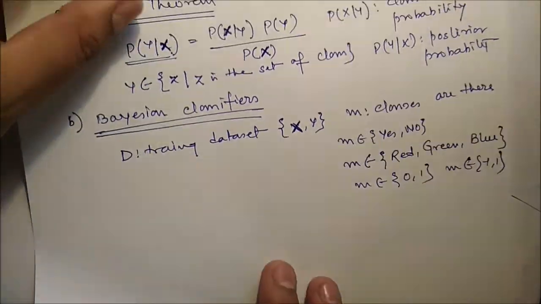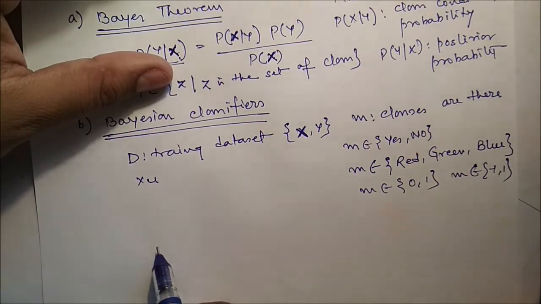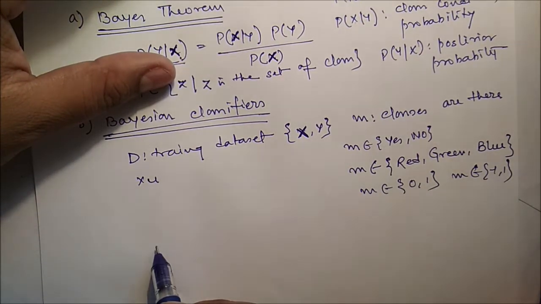Now, given unseen data xu, the classifier will predict that xu belongs to the class having the highest posterior probability conditioned on x. So that is the main line.